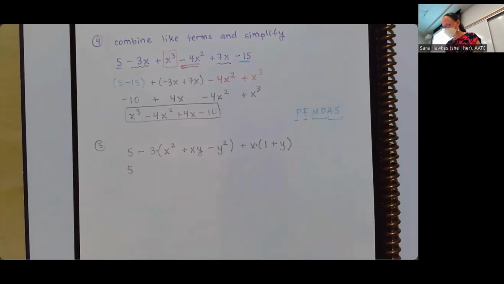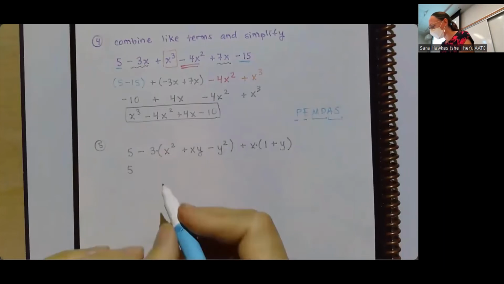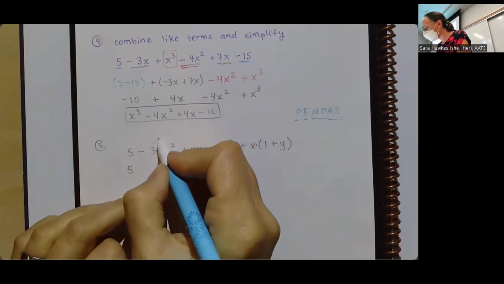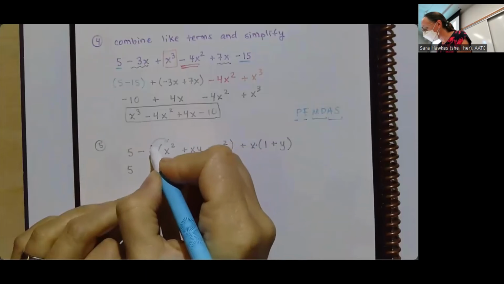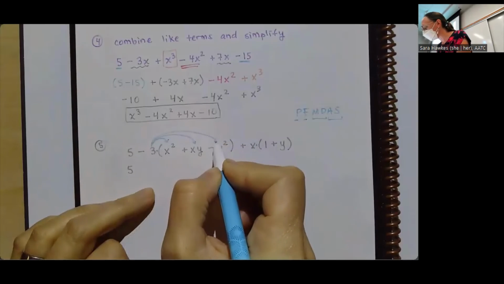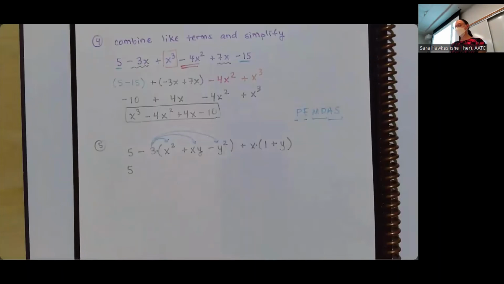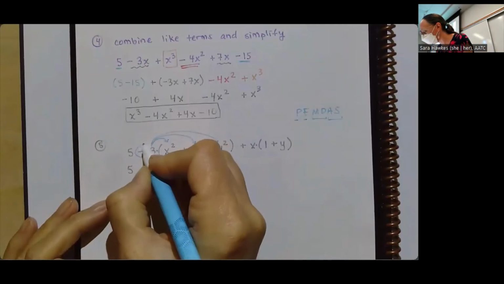I'm going to go ahead and distribute this 3 in. So I'll have 3 times x squared, and then 3 times xy, and then 3 times negative y squared. And we can decide if we want to take the minus sign with us right now or not. I'm going to go ahead and take it with us.